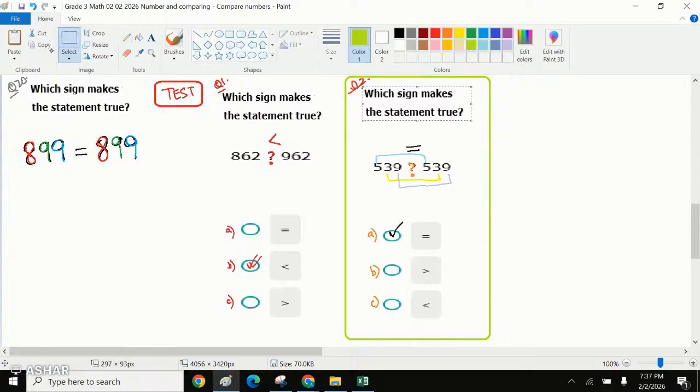Okay, let's see what they have for us in question number 3. This is our question number 3. Okay. They were equal.